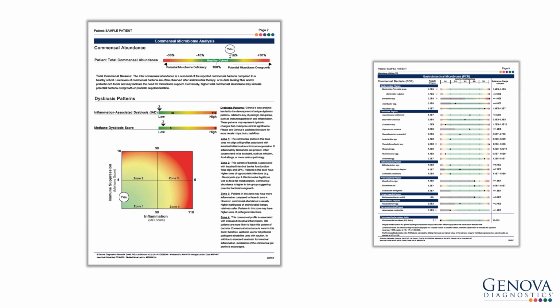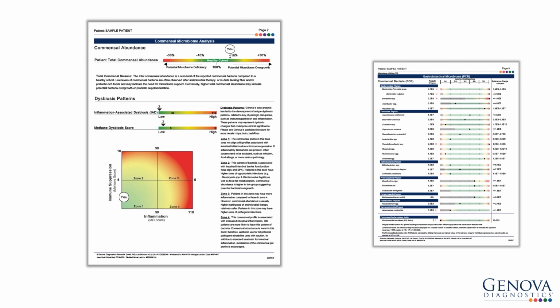In this case, both the IAD score and methane dysbiosis score were low, and we see that this patient's result is in zone 1. The commentary to the right on the report says that zone 1 does not align with profiles associated with intestinal inflammation or immunosuppression.